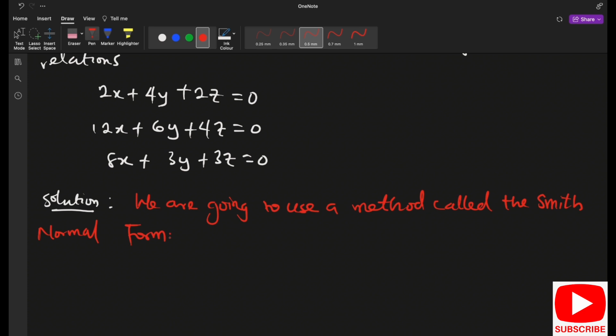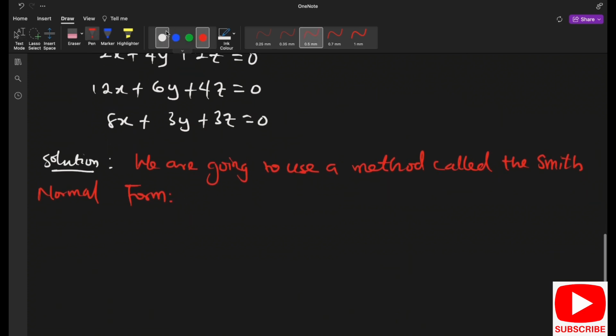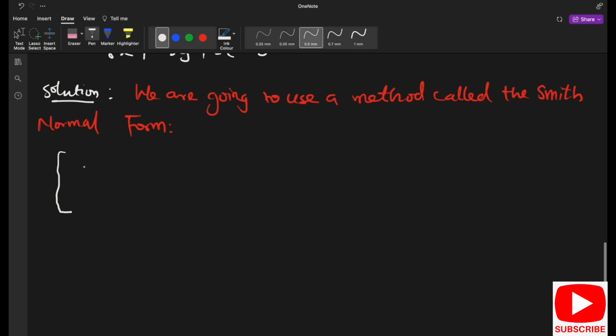I might not be able to give you the full definition now, because it's not necessarily important. The major thing is you getting the steps and you'll be fine. So let me put this in a matrix form: 2, 4, 2, 12, 6, 4, 8, 3, 3.